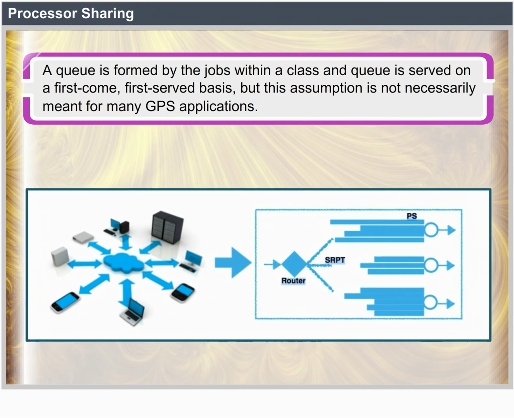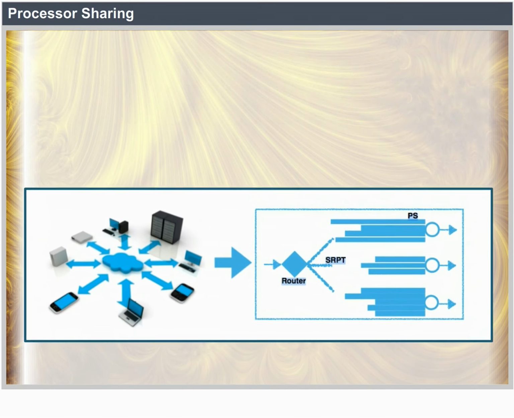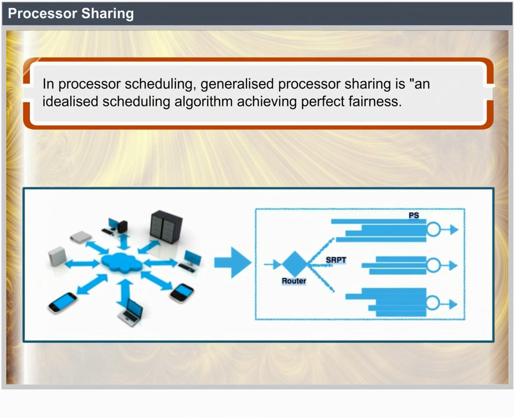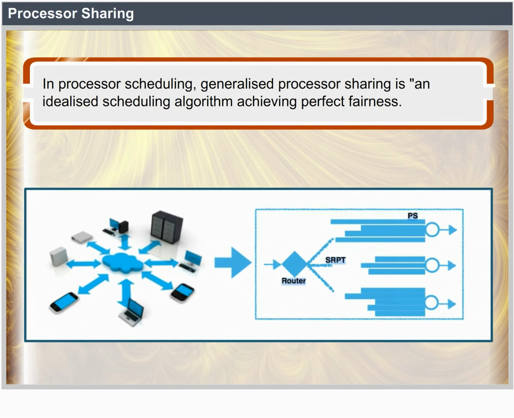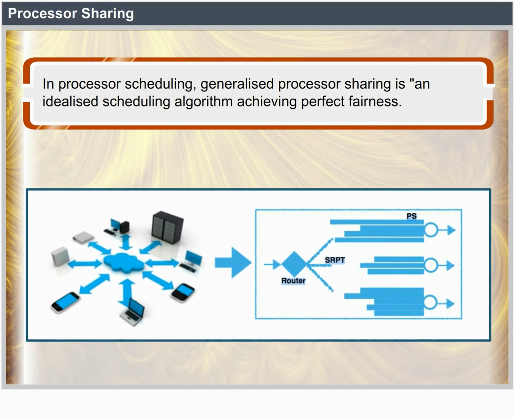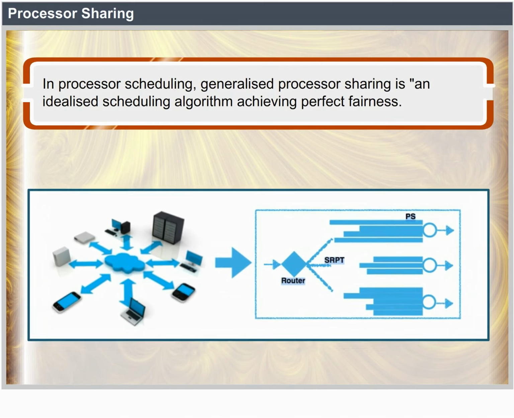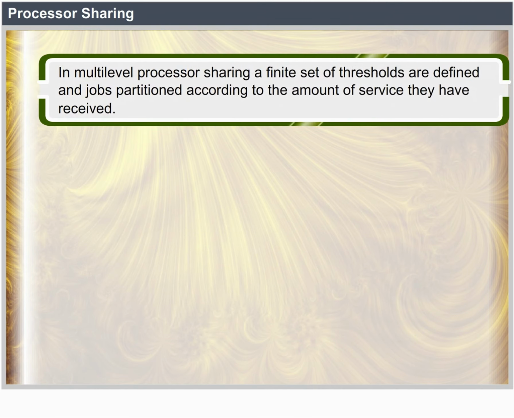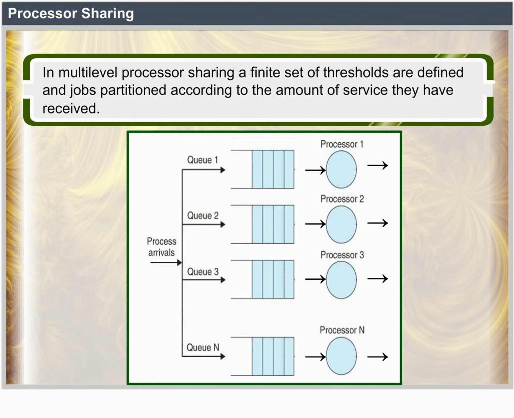In processor scheduling, generalized processor sharing is an idealized scheduling algorithm that achieves perfect fairness. In multi-level processor sharing, a finite set of thresholds are defined and jobs partitioned according to how much service they have received.